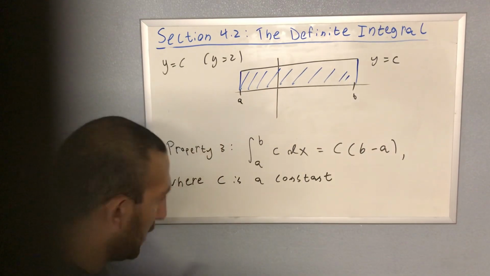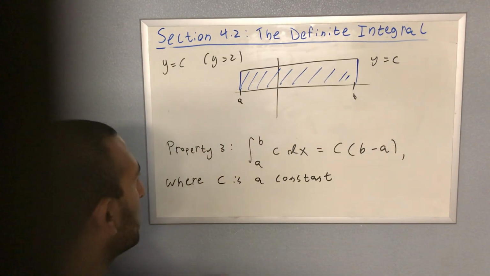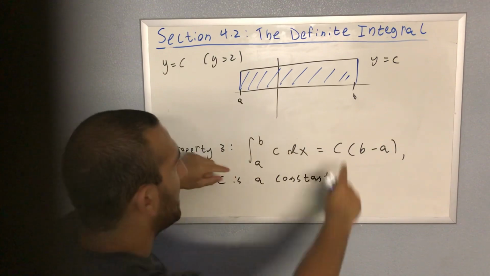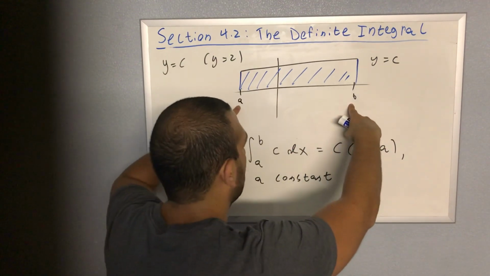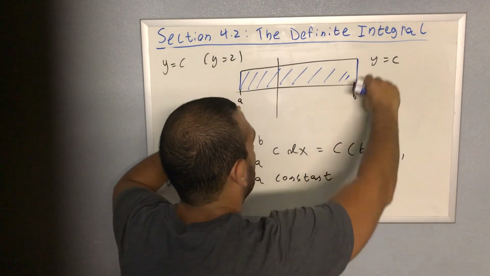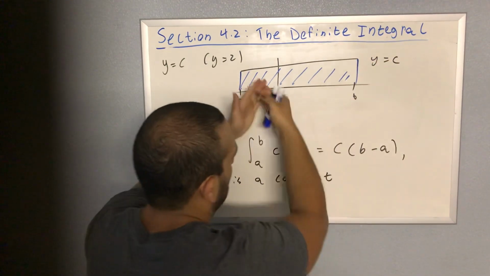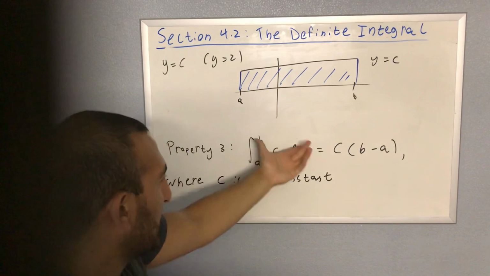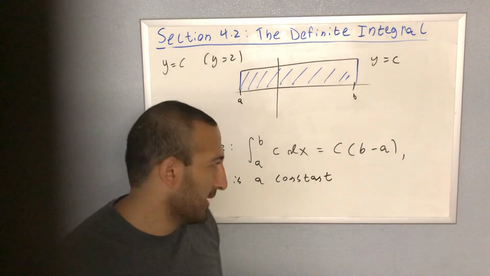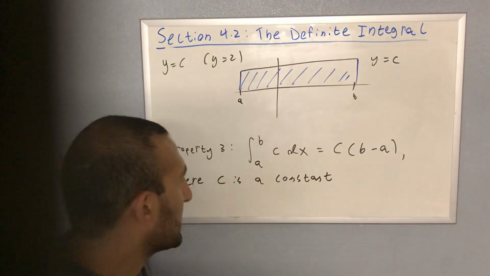What is the base of this rectangle? The base is B minus A. And what is the height? It's C. So the area underneath the curve is just base times height. This is pretty quick to see.